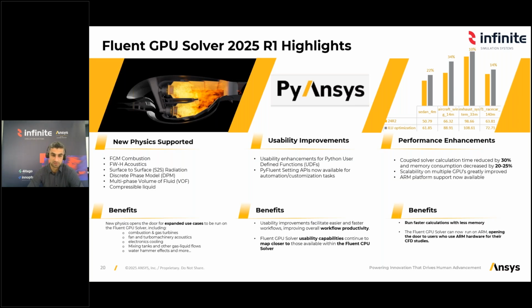The GPU solver was introduced a few years ago, and as we evolve in time, every release brings new types of physics that are supported. So if you want to scale up your simulations, or reduce your solve times by leveraging a GPU, this can now be done with the list you can see over here. So for instance, multiphase VOF and DPM.